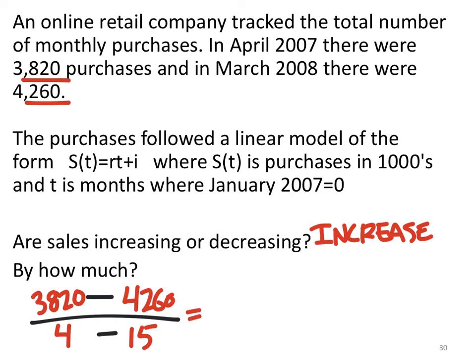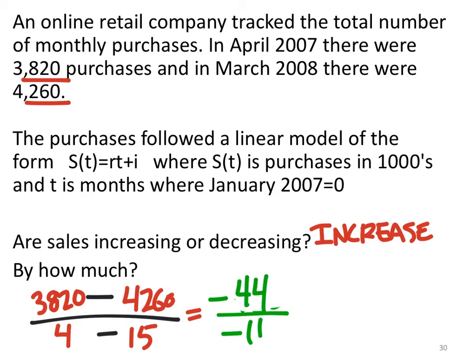So let's pull up the calculator again. 3,820 minus 4,260. Mine shows negative, but the denominator is going to be negative as well, so that's not a problem. That's going to be a lot easier to work with once you type it in correctly, like hopefully you guys did.